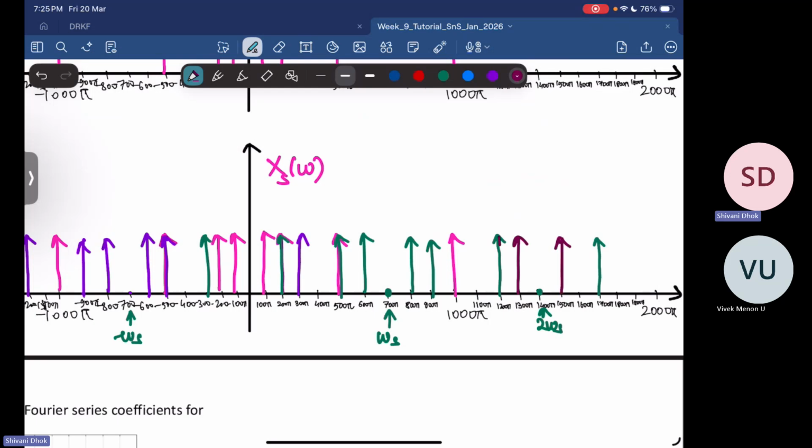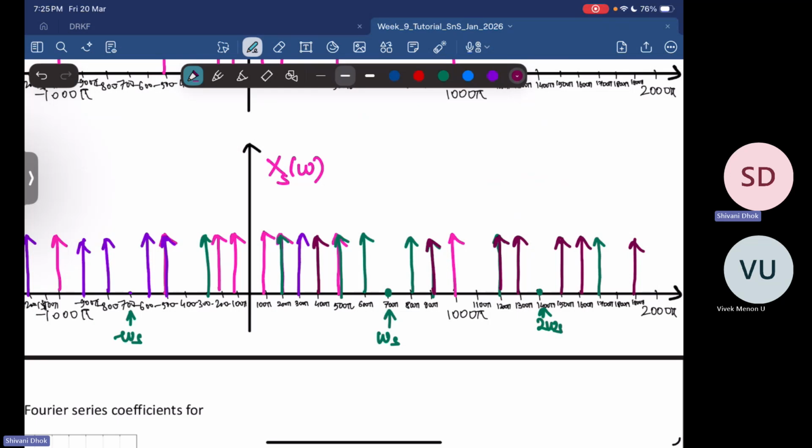Then 1400 plus minus 200 is here. 1400 plus minus 500 will give you peaks at 1400, 900, and here. And 1400 minus 1000, you will get a peak at 400, and plus there. And similar replicas will also be there in the negative axis. I am not drawing that for now.